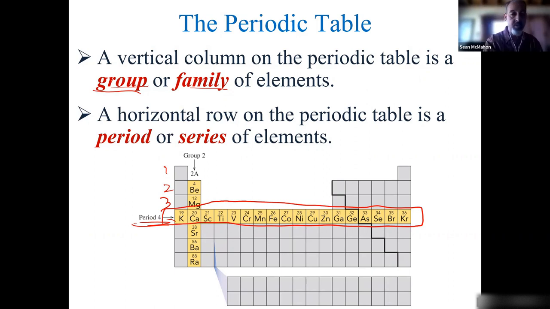Column 2. So here's column 1, here's column 2. Well, the element that's in period 4, column 2 is calcium. So then I would write Ca. And maybe someone might even say, well, what's the atomic number or number of protons? And you'd say, oh, well, I could easily identify it. There's 20. That element has 20 protons in the nucleus. That's what makes it calcium.